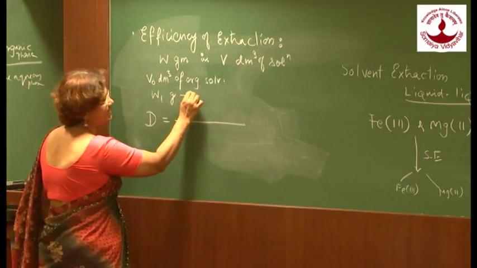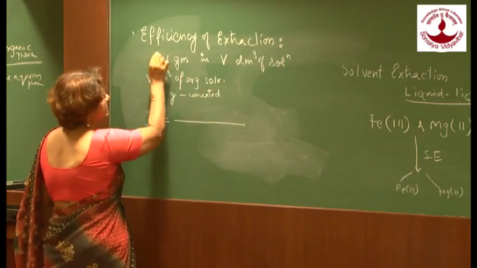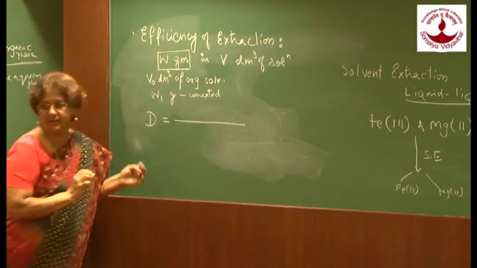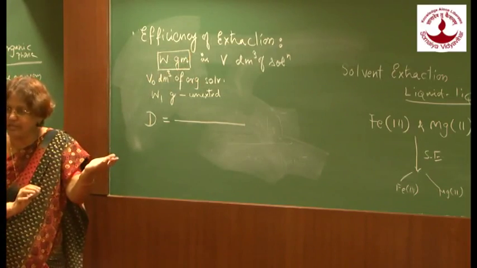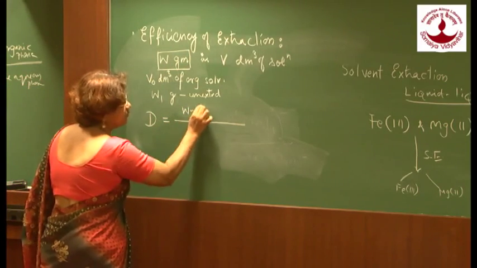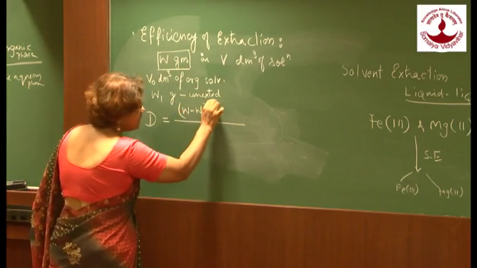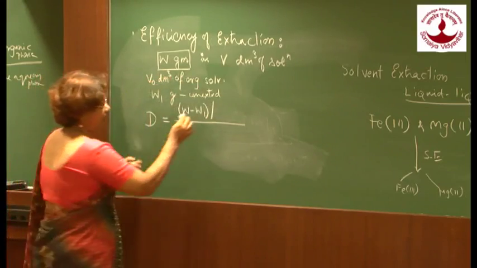W1 has remained unextracted, mind you. So out of the W which is taken initially, W1 is the remaining weight. That means how much has gone into the organic phase? W minus W1, and it is present in what volume of the organic phase? VO dm cube.